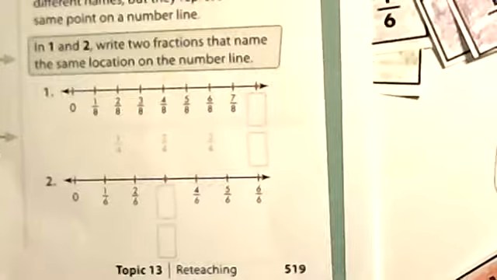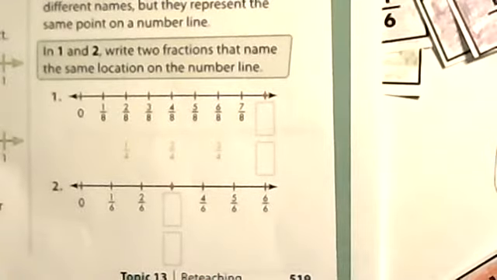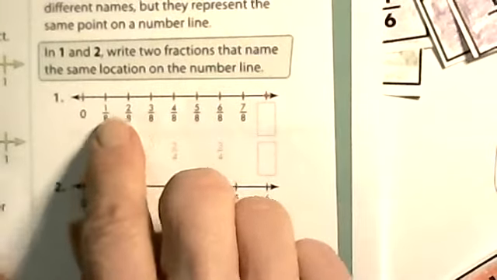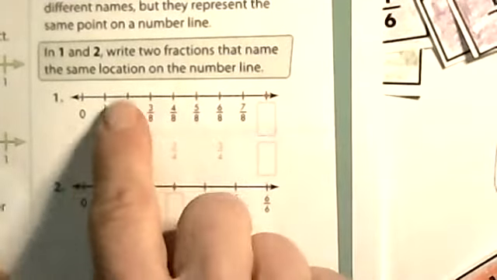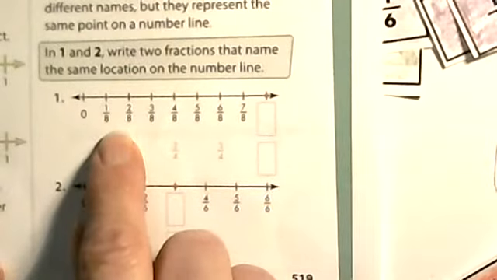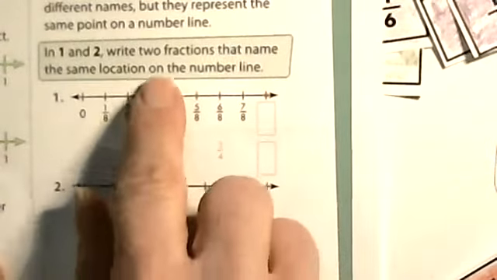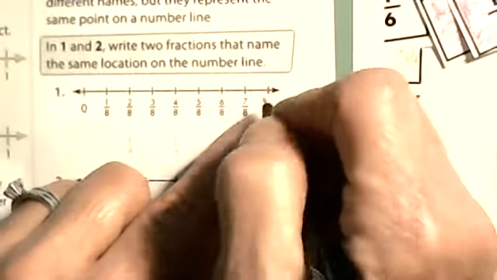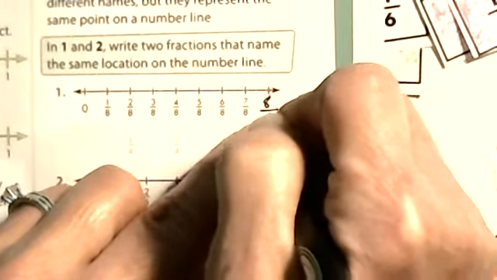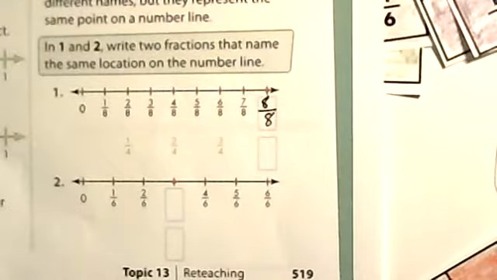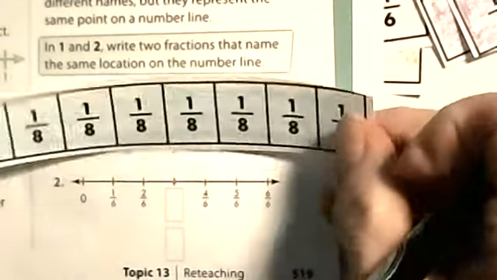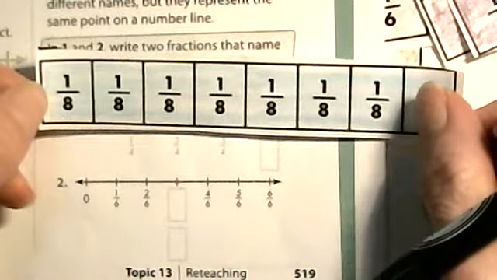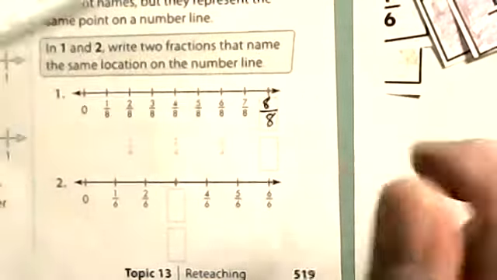I apologize every day for this focus. That's better. Okay, so this number line, they divided into eighths. Each tick mark is 1/8 apart. So 1/8, 2/8, 3/8, 4/8, 5/8, 6/8, 7/8, and the last one here would be 8/8, which represents one whole. Let me just remind you, 8/8, 8 out of 8, that represents one whole.